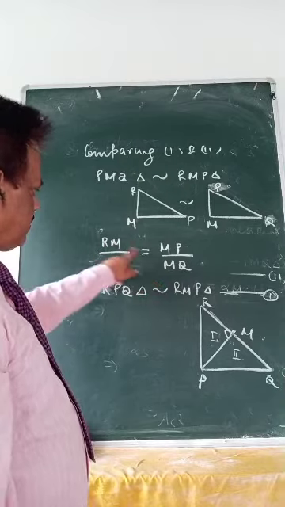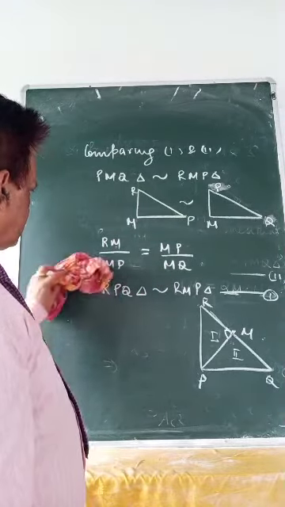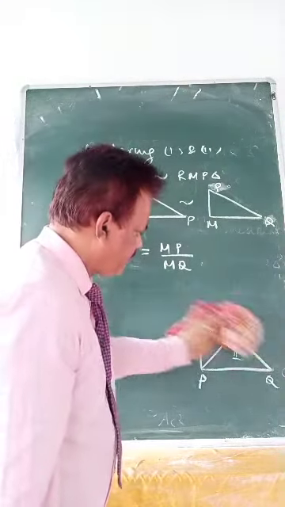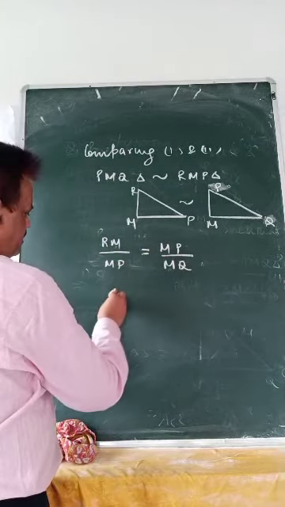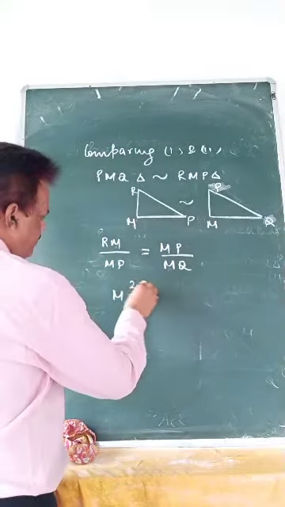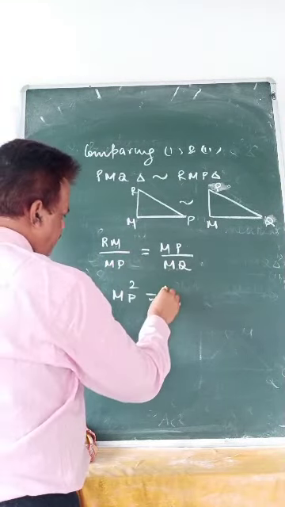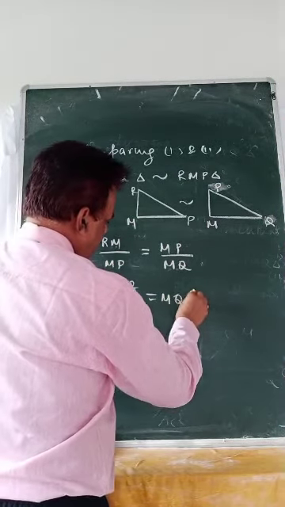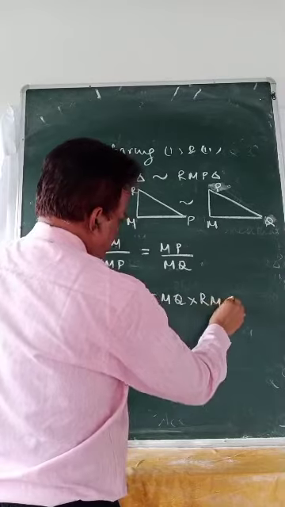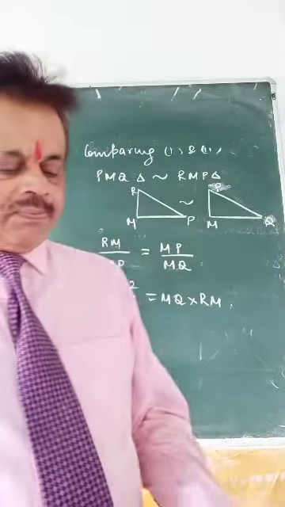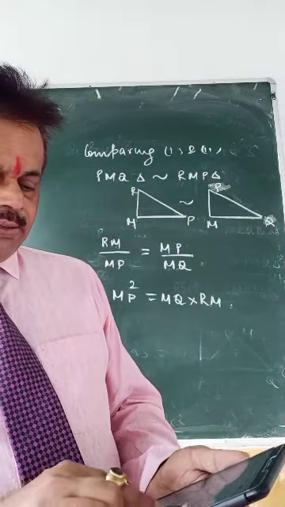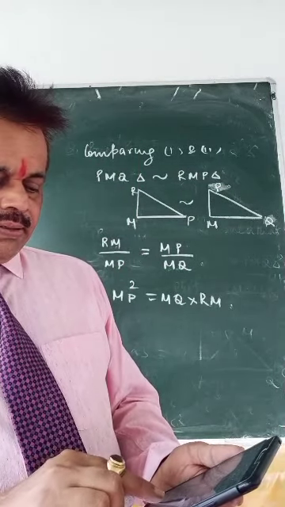So cross multiplication will give you MP square equals MQ into RM. So similarity only you have to show. Then you see question number 3.